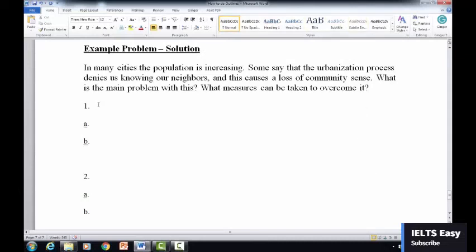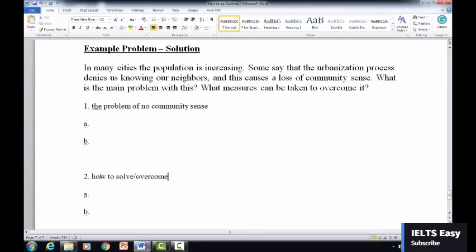So our first paragraph is going to be about the problem of no community sense, and next one is how to solve or overcome this.